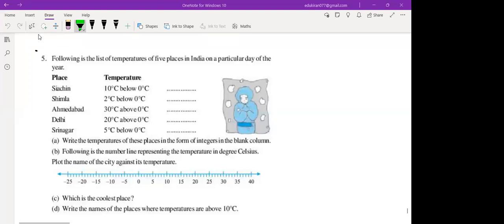Ma'am, I did not understand the plotting one. Plot the name of the city against temperature. So whatever you are getting here, for example, Siachen is this. Whatever it is, you have to mark it here. For example, this is Siachen. Clear? Yes.